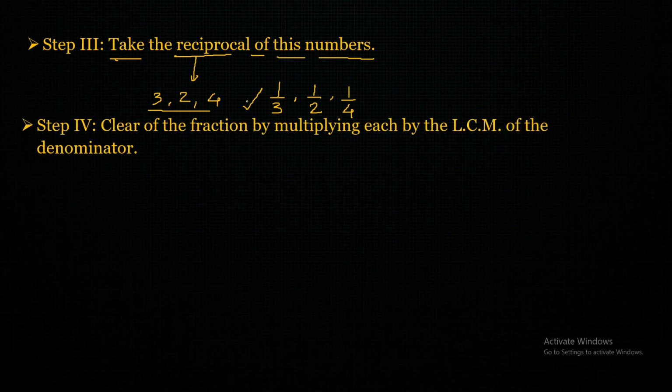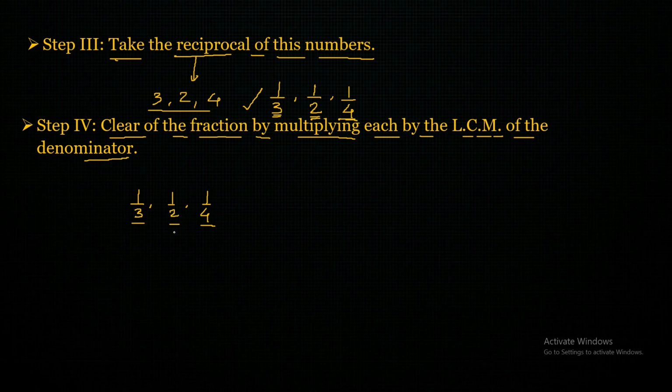Now the fourth step says clear the fractions by multiplying each by the LCM. क्या करेंगे? LCM of the denominators. डिनोमिनेटर के हर एक को LCM से मल्टीप्लाई करेंगे. तो we have 1 divided by 3, 1 divided by 2 and 1 divided by 4, and our target is to determine the LCM of these 3 numbers and multiply by this LCM.